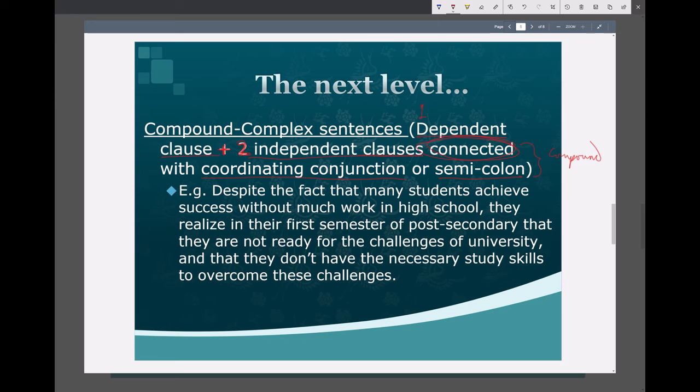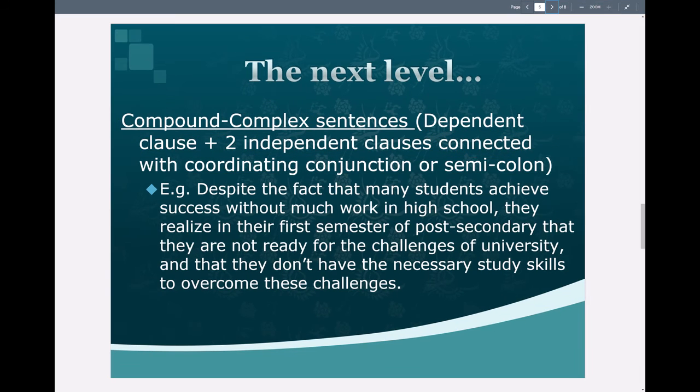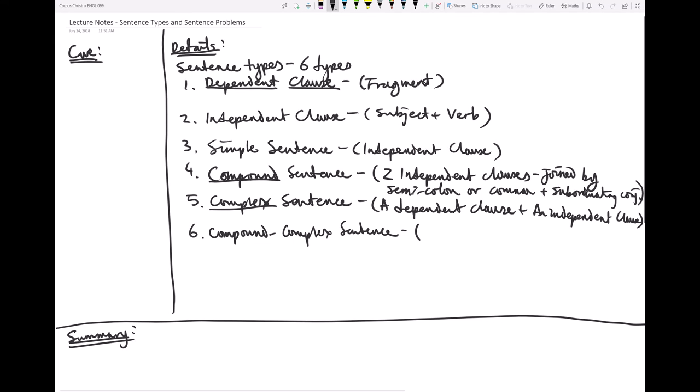So that's why it's called a compound complex sentence. So my way of writing this would be dependent clause plus, and it reads the same as a compound sentence, two independent clauses joined by a semicolon. So I'll write that, compound sentence.